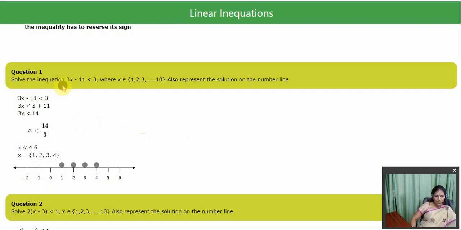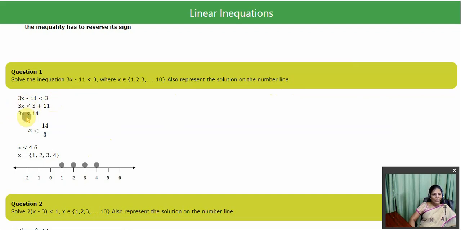Solve the inequation 3x minus 11 less than 3, where x belongs to 1, 2, 3, 4, up to 10. Also represent the solution on the number line. So first you need to find the solution and then the same thing you need to represent on the number line. Now I wrote the question here, 3x minus 11 less than 3. Right?